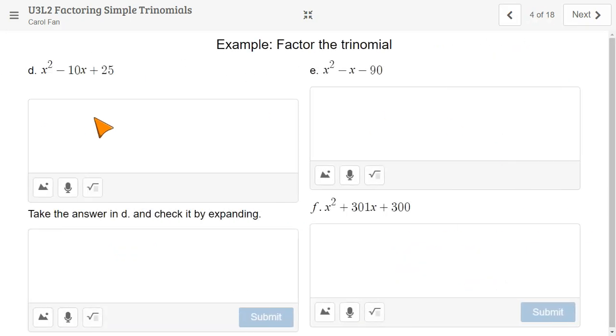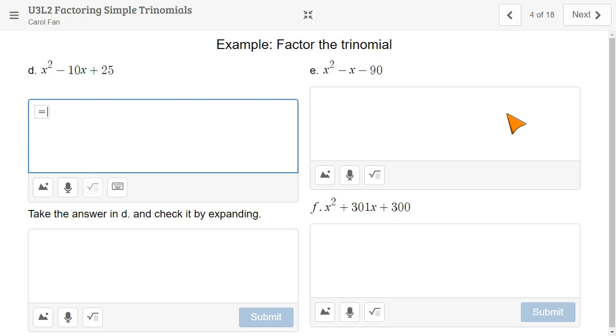So let's do a few more. Part D, x squared minus 10x plus 25. Now, because C is positive, I know that I'm going to have the same operations. Which operation is it? It's whatever B is. B is subtraction, so I'm going to have x minus some number, x minus some number.